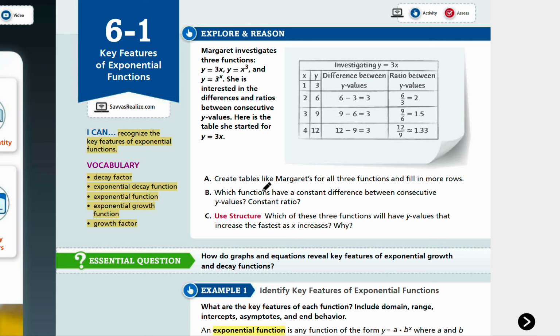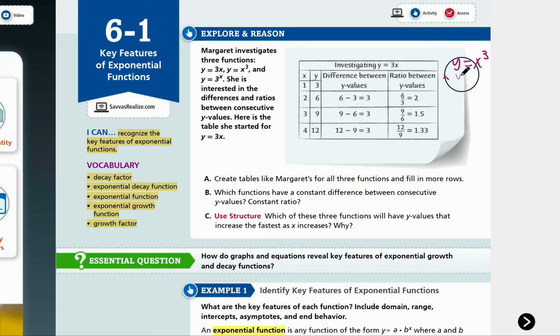Part A, create tables like Margaret's for all 3 functions and fill in more rows. Just like this, we're going to make a table like Margaret's for the next 2 functions. Let's move on to y equals x cubed.